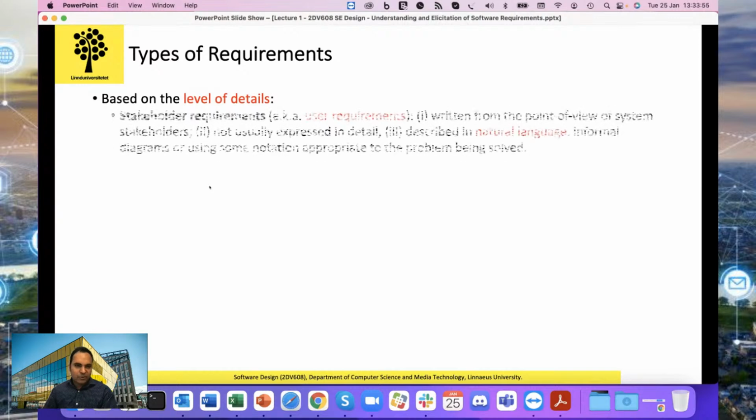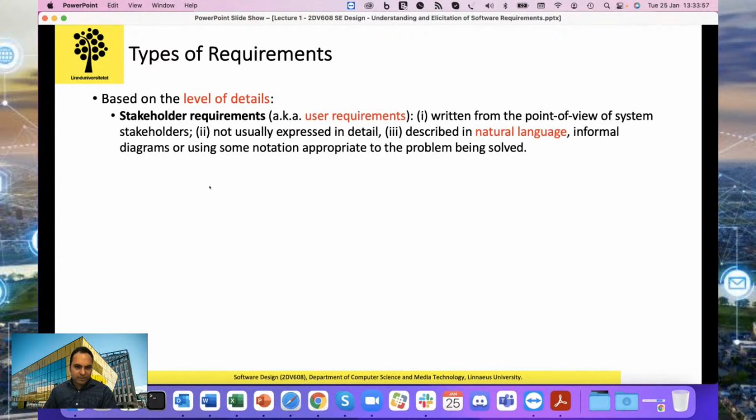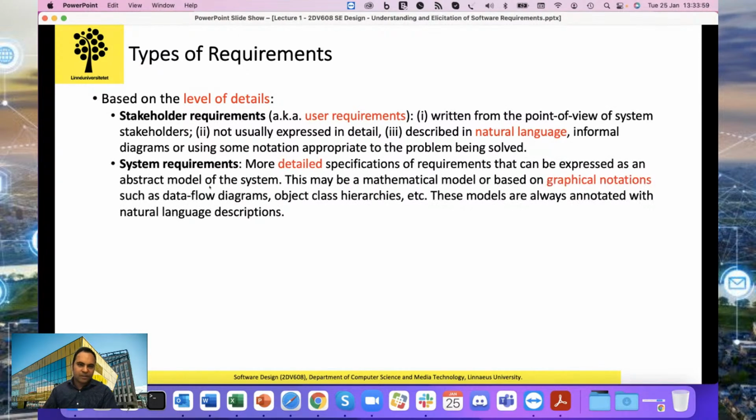Usually requirements come from different stakeholders, right? If the requirements are coming from, let's say, end users who might not be highly technical, their requirements are described using high-level language without technical details. Those we call stakeholder requirements.